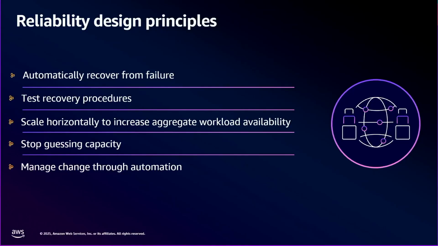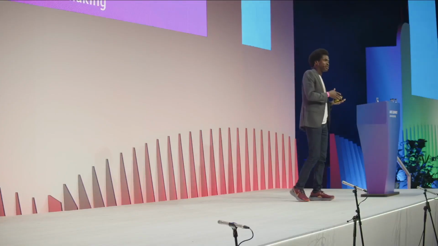We see a lot of applications having faults because they are inundated by load. There are design principles such as managing change through automation. Instead of making big, large changes to your application, put it in code, infrastructure as code with things like Terraform or CloudFormation, and make small incremental changes that you can easily roll back should you see a fault or a change in user experience.